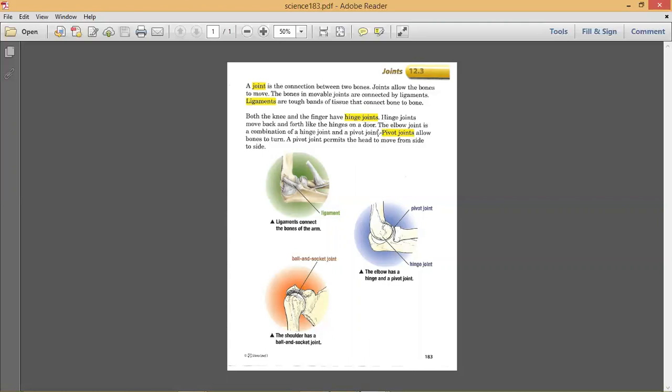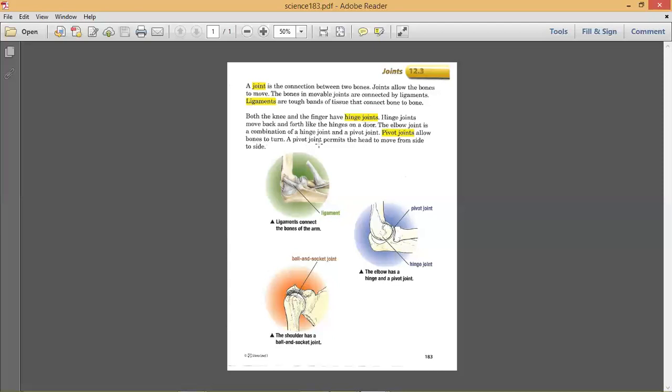Now, the elbow, so where is this is the hinge joint, this one. Now, the elbow joint is a combination of a hinge joint and a pivot joint. Pivot joints allow bones to turn.